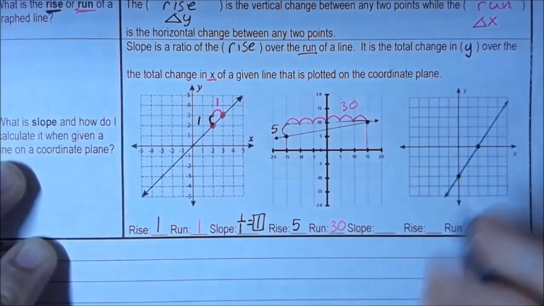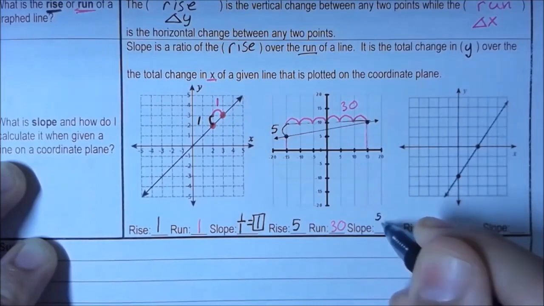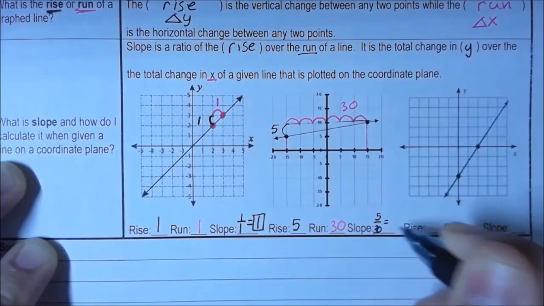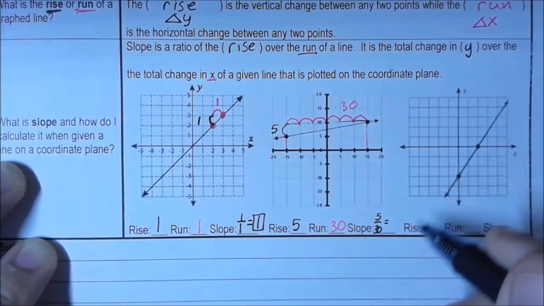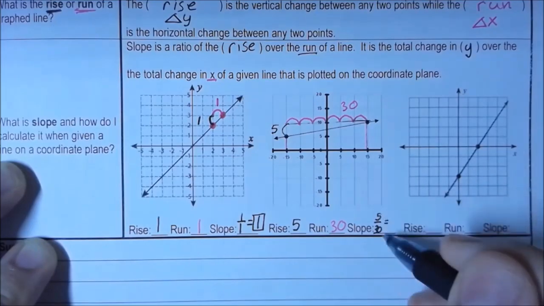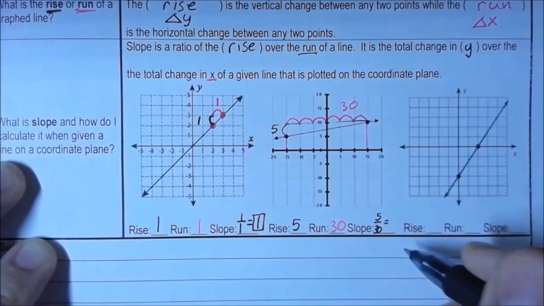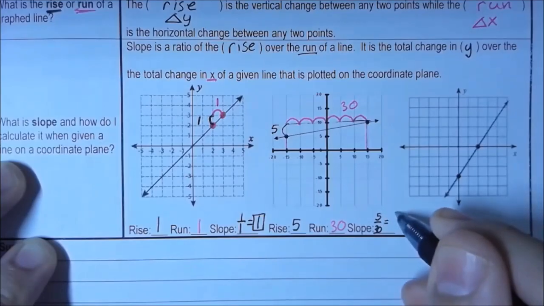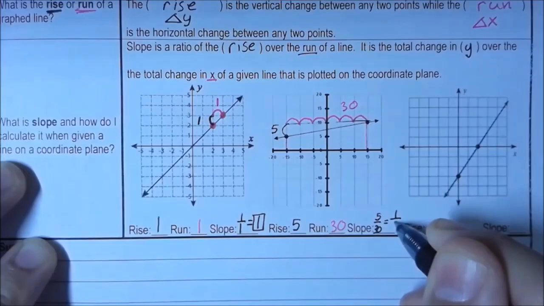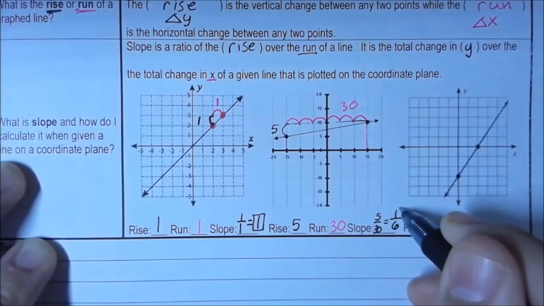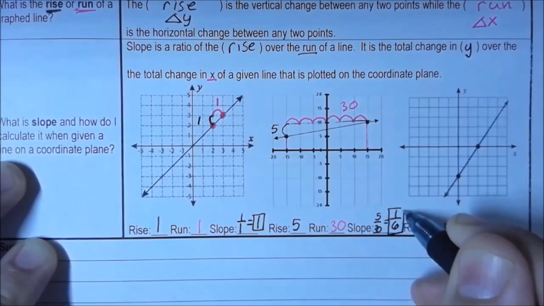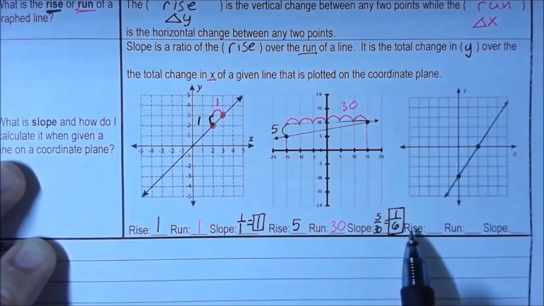So now when we write our slope, we just put our rise over our run, and so I have 5 over 30, and if you put this in the calculator, it'll simplify it, and that'll give you 1 over 6, and that's your final answer. You always want to give the slope in simplified terms.